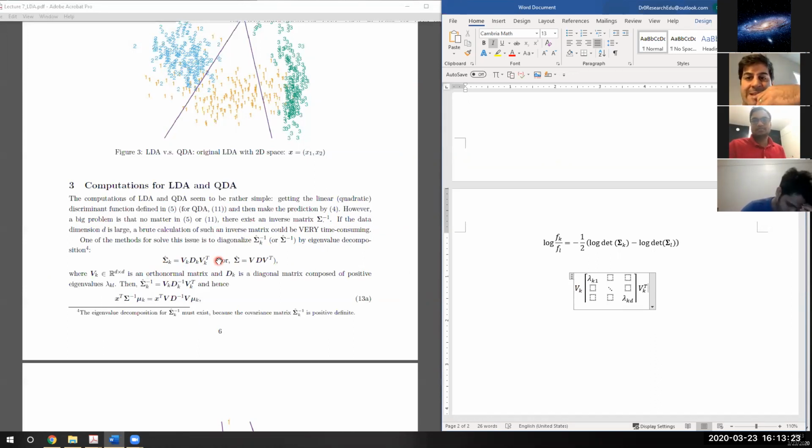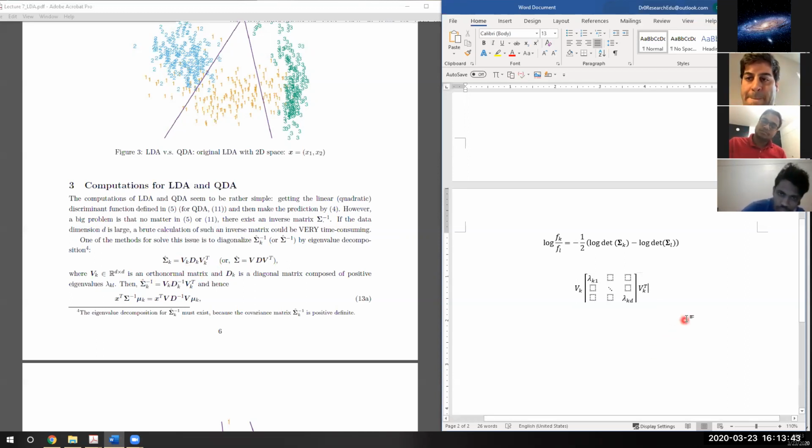No. Singular value decomposition, yes, exists. Singular value decomposition is nothing but you change this V to be U. Eigenvalue decomposition is a special case of the singular value decomposition in which U equals V. And this kind of orthonormal matrix, we also call a unitary matrix.